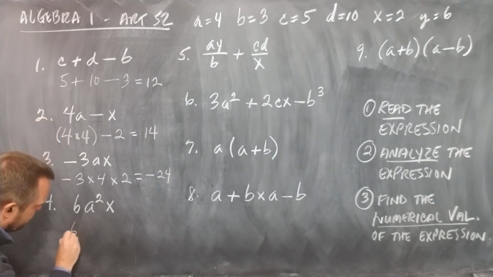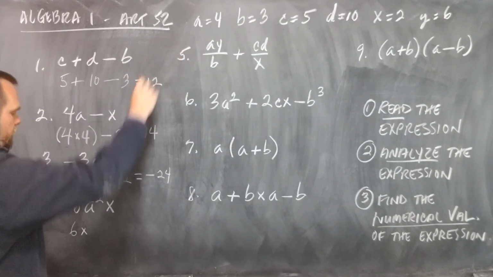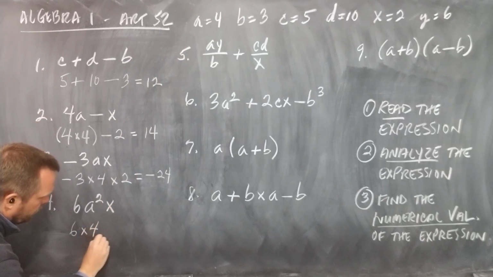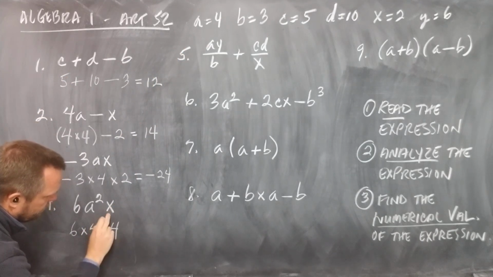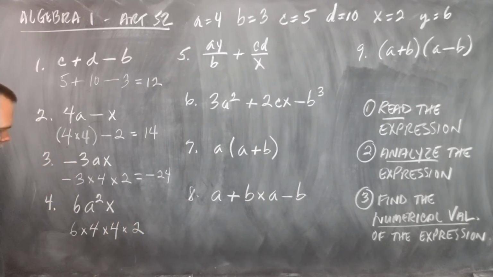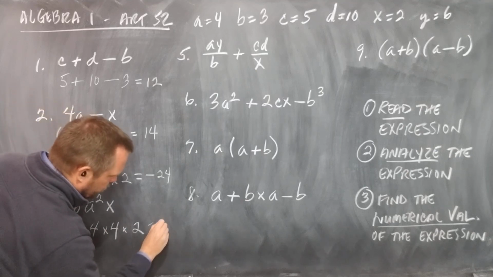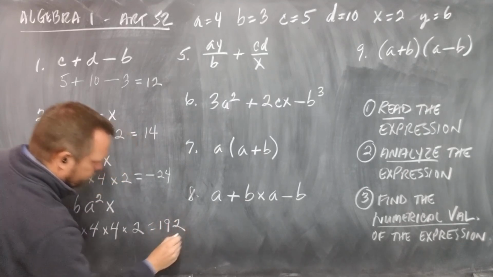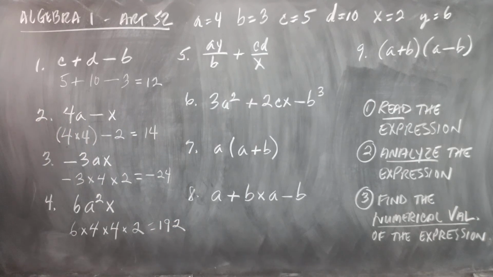So we have 6 times a is equal to 4, 4 times 4 times the quantity x, which is equal to 2. 6 times 4 times 4 times 2. 6 times 4 is 24. 24 times 4 is 96. And 96 times 2 equals 192.